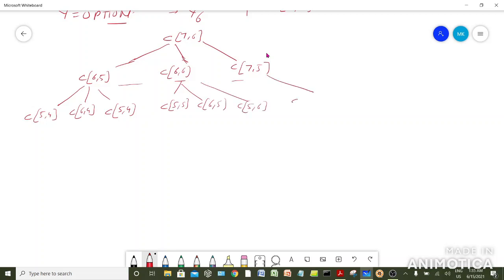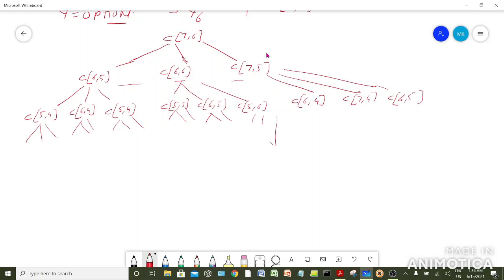In the same way it will be solved using 6 and 4, using 7 and 4, using C of 6 and 5. Fine. Now further this again will be bifurcated in three parts, divided into three parts.